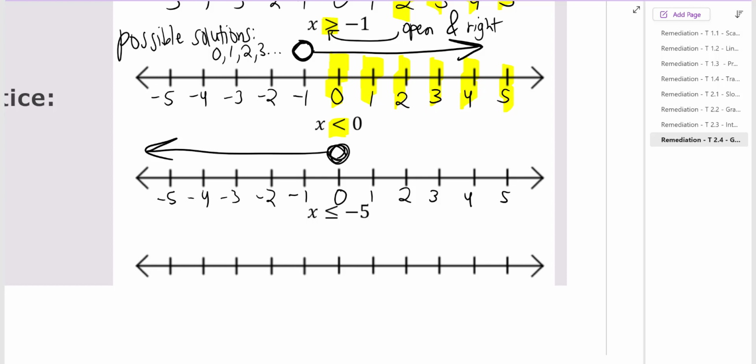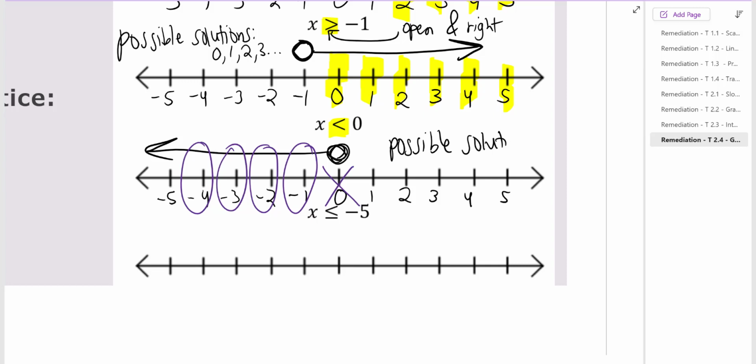So ese símbolo está en la dirección de izquierda, so la línea está izquierda. Possible solutions include -1, -2, -3, -4. You cannot include 0. No puedes incluir 0 porque está abajo un punto abierto. Okay, possible solutions is -1, -2, -3.